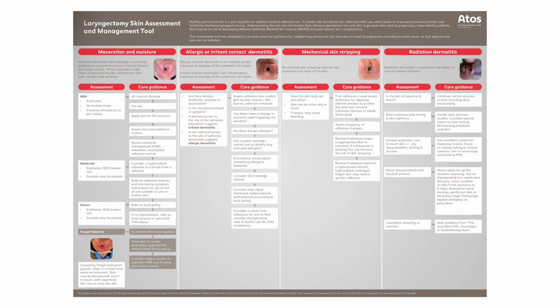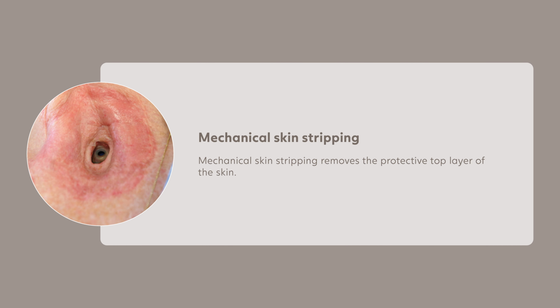After identifying by definition which of the 4 conditions your patient is likely presenting with, you would then move down to complete a full assessment. Let's look at mechanical skin stripping, which is defined as a skin condition where there has been mechanical removal or stripping of the protective top layer of the skin.